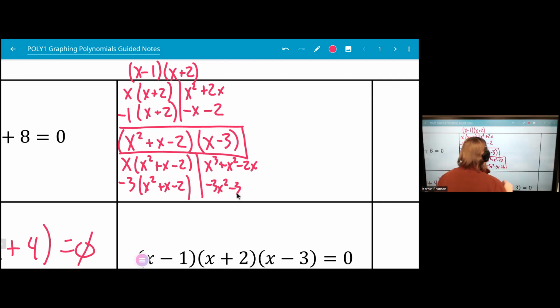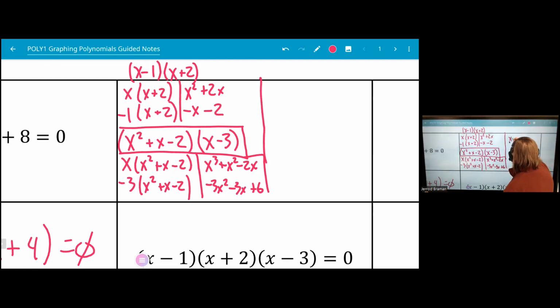And if I combine my like terms, I'm going to end up with my polynomial after I've multiplied those three binomials together. I end up with x cubed, and I've got minus 2x squared because I've got a positive x squared and a -3x squared, minus 5x plus 6.